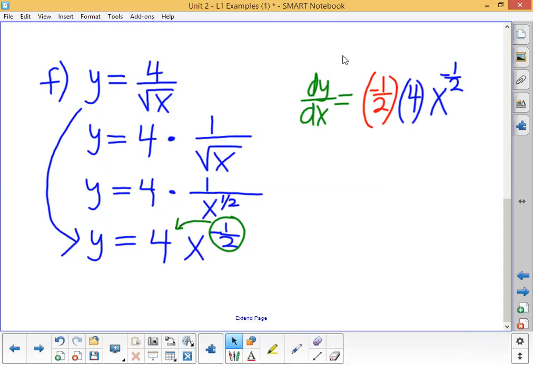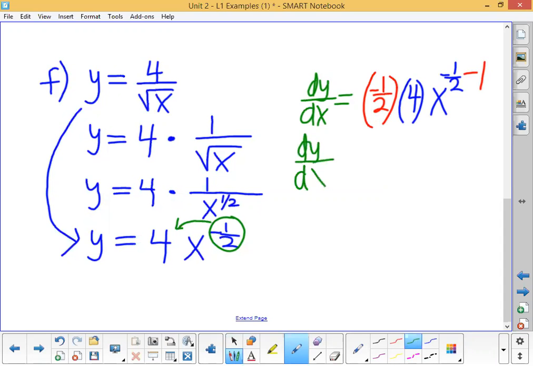I have to remember that I need to subtract 1 from that. And really, you could do that in your head, but because I'm teaching, I'm going to write out all the steps I possibly can. So -1/2 times 4, and then I have x to the power of -1/2.